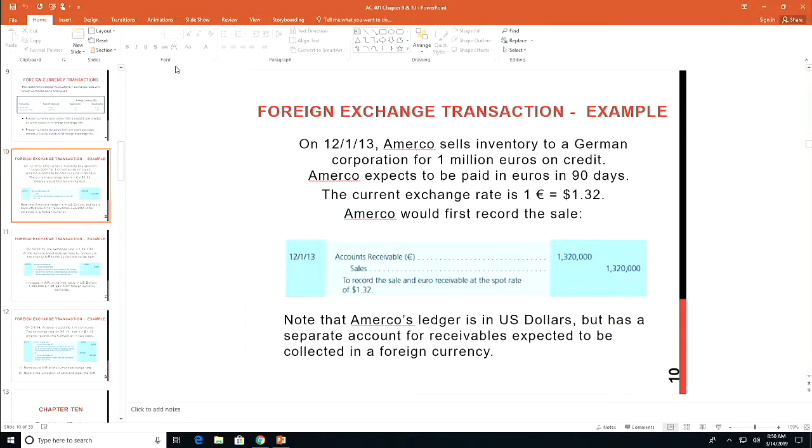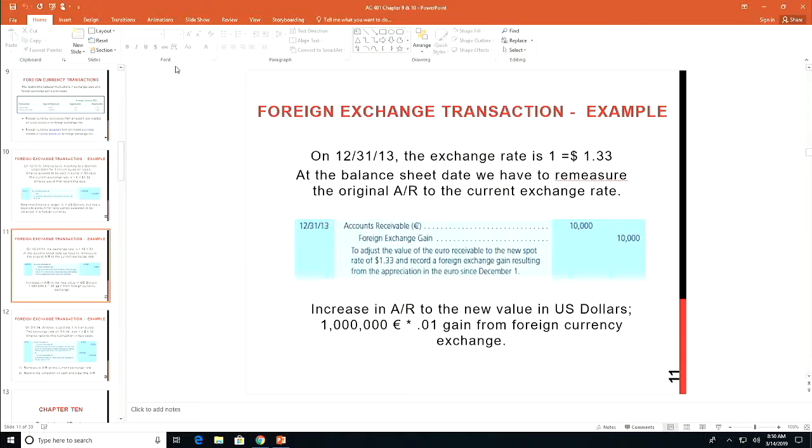And then at the end of the year, December 31st, you checked your exchange rate and you found you made a gain. You debited your account receivables, right? So December 31st, your account receivable was 10,000. Of course, you will take the balance to next year.